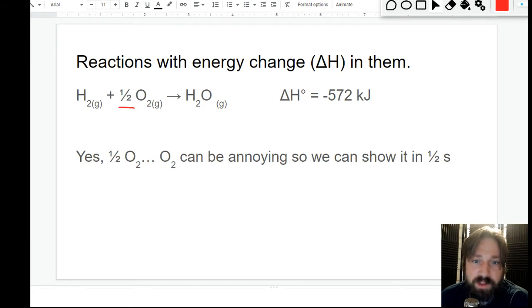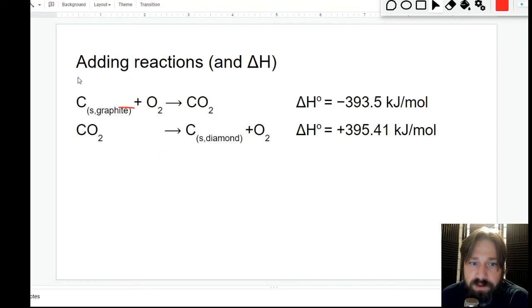Now, here's the thing. With these reactions, just like those elementary steps in kinetics, you can add reactions together. So if I have this reaction, which is graphite and oxygen becoming CO2, and I have another reaction, which is CO2 becoming diamond and oxygen, what I can do is add these together.